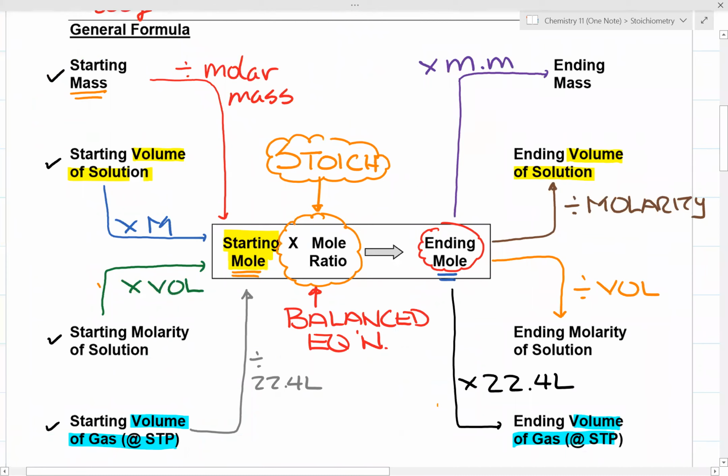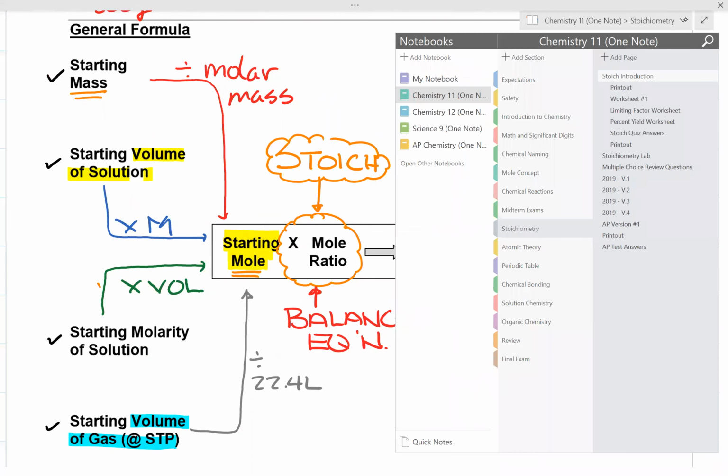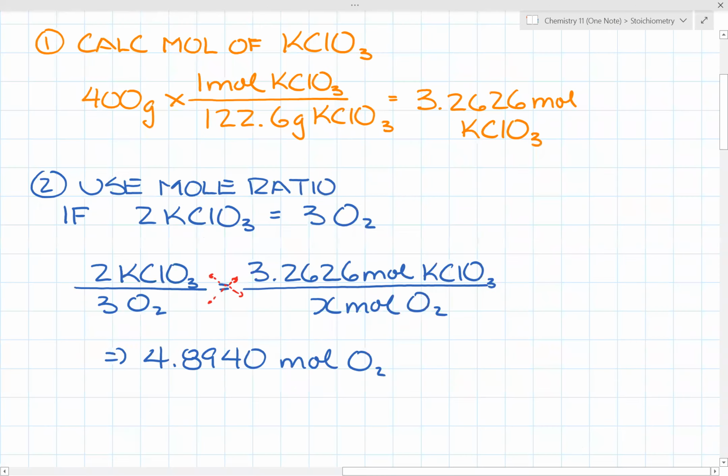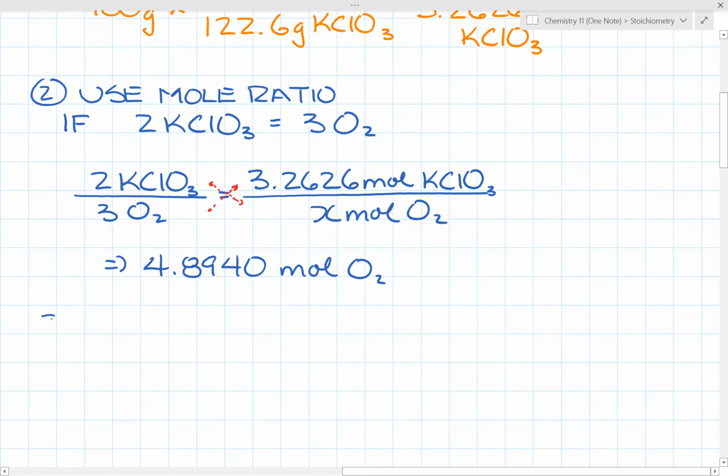Now, what does the question ask for? They want to find the mass of O2. So we have to go and find the ending mass. So what do we do last step? Step number 3, calculate the mass of O2.